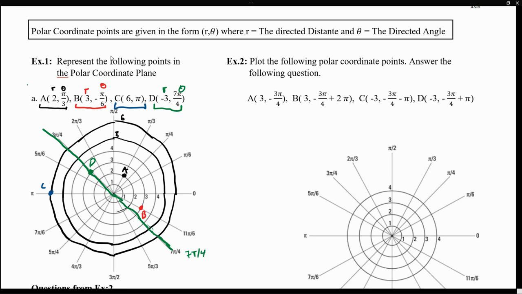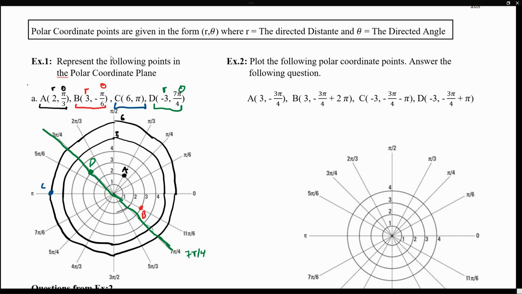So 7 pi over 4 is this green line. I'm going to take a look at its angle, and I'm just going to extend its line. But since my directed distance is in a negative direction, I'm not going to count toward 7 pi over 4. I'm not going 1, 2, 3 units toward 7 pi over 4.